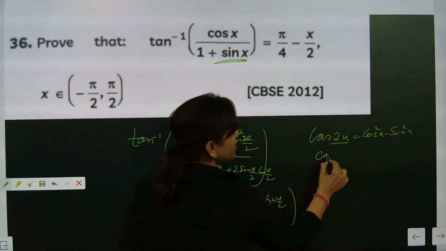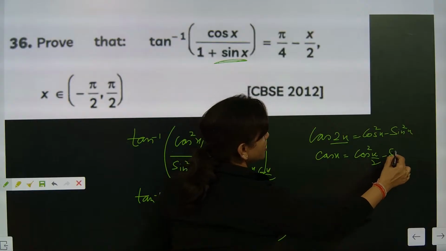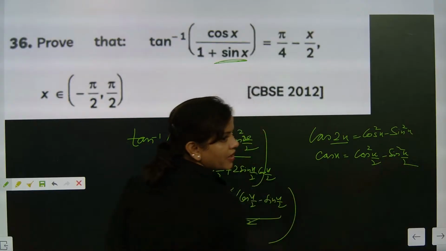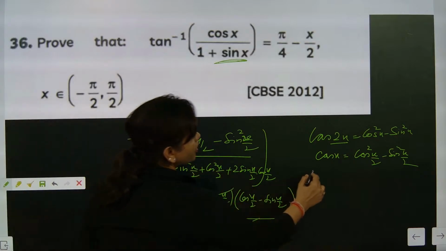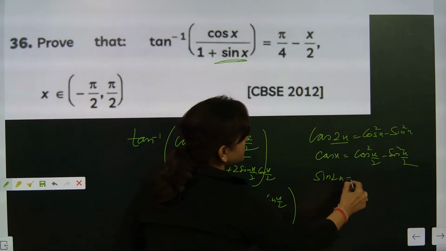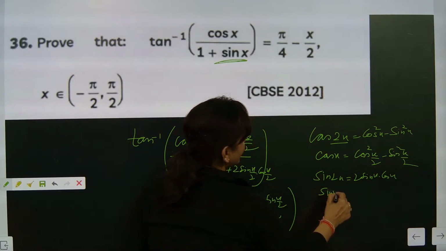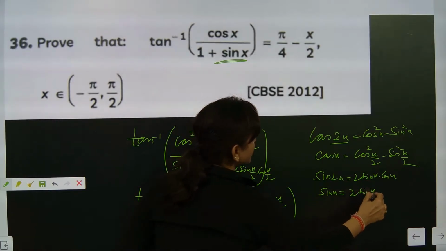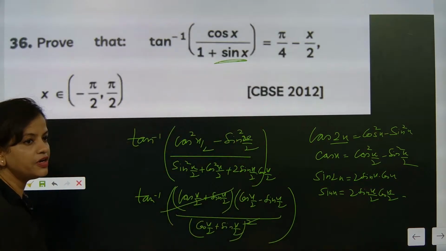When the angle becomes half, it becomes cos square x by 2 minus sin square x by 2. This is the most important part. Now the sin 2x formula is 2 sin x into cos x, so sin x is 2 sin x by 2 cos x by 2. I hope you have understood this.